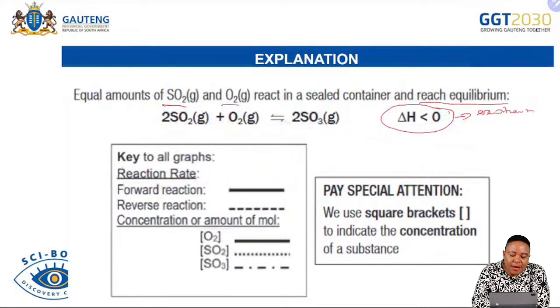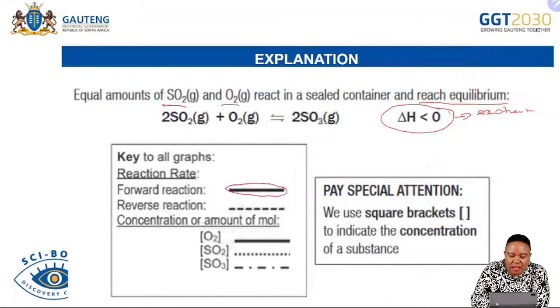And then we are going to look at the reaction rate graph. Our forward reaction is indicated by a bolded dark line, and our reverse reaction by a dotted line. And then the concentration, or the amount of moles, is represented by this.